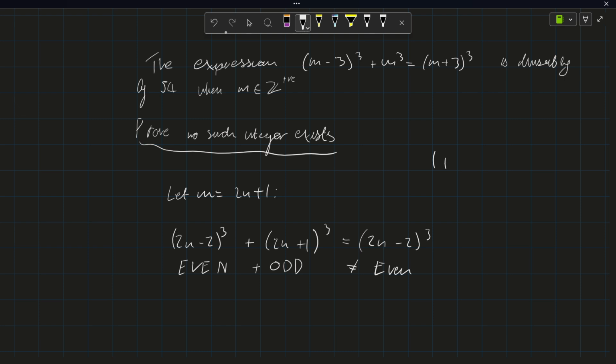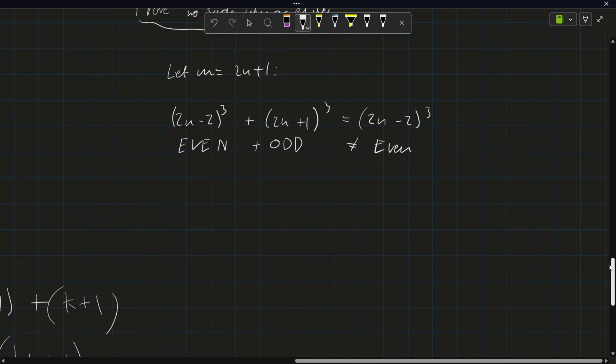If you do 1 plus 3, why did I pick 1? Even plus odd, you don't get an even number ever. So it has to be even. This part's true, ish.